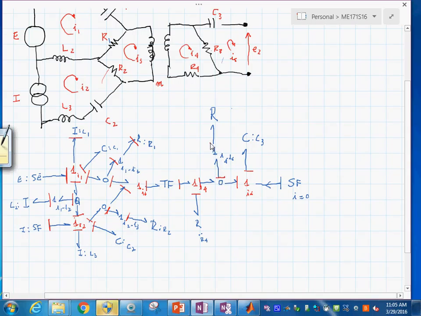I'm just saying that at this point, you don't know yet how to deal with systems with derivative causality or with algebraic loops, and this system has both of those. So it has a bit of a challenge, but it's not impossible to solve. But this is the bond graph model for the system.